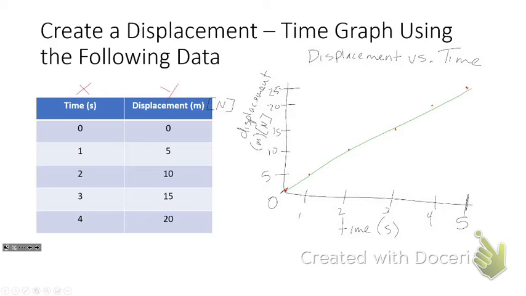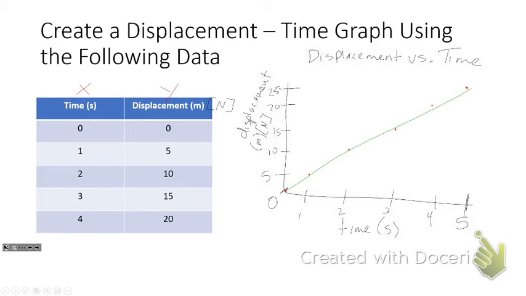Now, anytime that I see a delta, what does that mean, Joanna? Change. A change in something, and it's going to be like the final minus the initial, right? So this is going to be displacement final minus displacement initial, and same with the time final minus time initial.